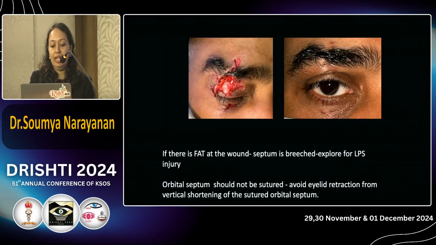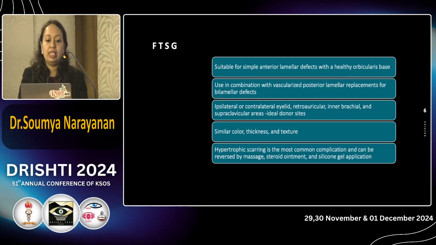And if there is fat in the wound site, that means the septum is breached. So we should explore for LPS injury. The orbital septum should not be sutured back, to avoid eyelid retraction from vertical shortening of the sutured orbital septum. Full thickness skin graft is suitable for simple anterior lamellar defects, or used in combination with vascularized posterior lamellar replacement in case of bilamellar defects.